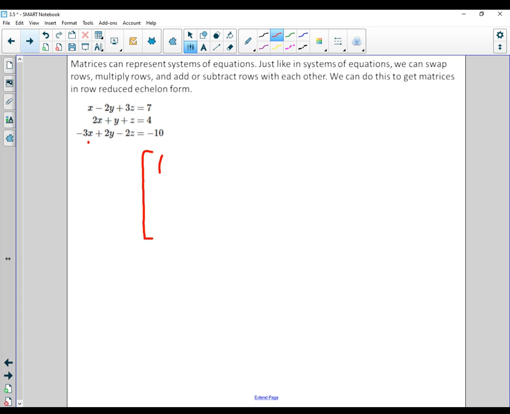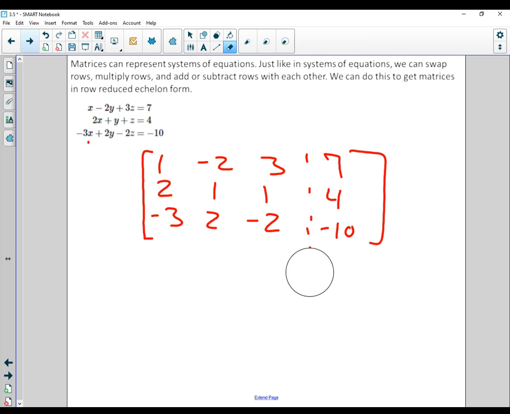So when we have this augmented matrix, our ultimate goal is to get it in row reduced echelon form, and we can do so by swapping, adding, subtracting, and multiplying rows. So for example, you know how we want 1 in the first row and then zeros all the way down?